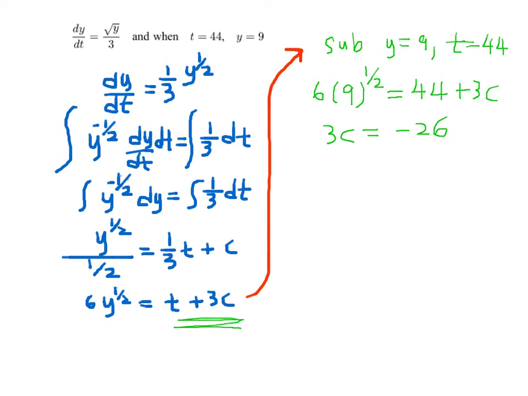So what we get in the end is 6y to the power of half equals t minus 26, and that will be the particular solution of this differential equation given the initial conditions. And the process used right here is separation, or the separable technique. So this differential equation is a separable differential equation. This is one example of it.